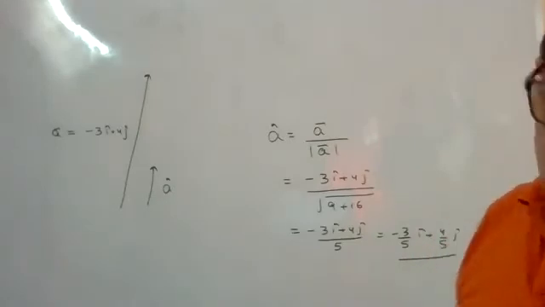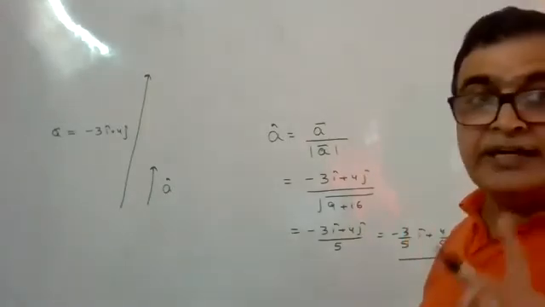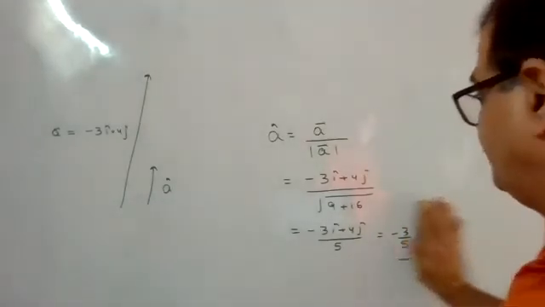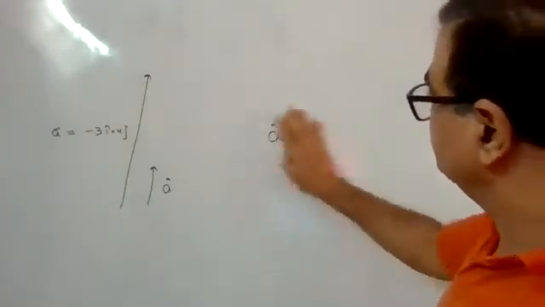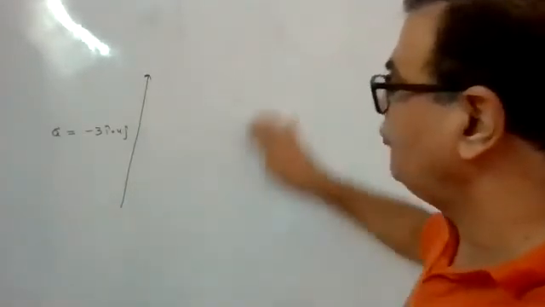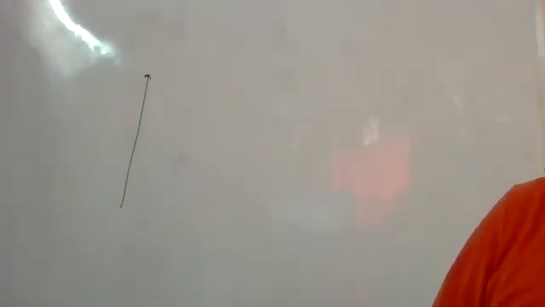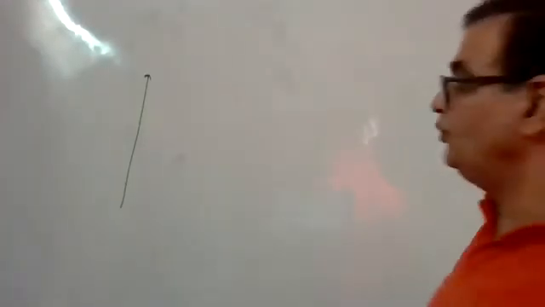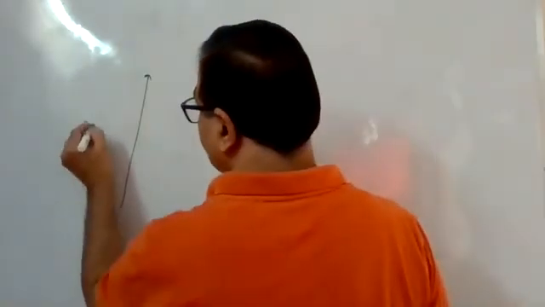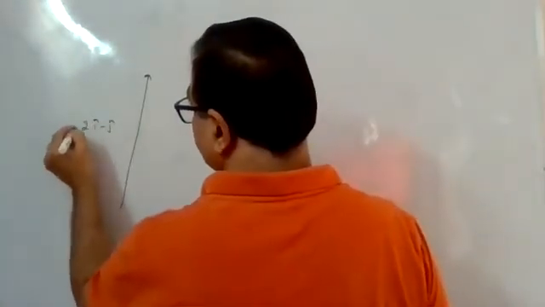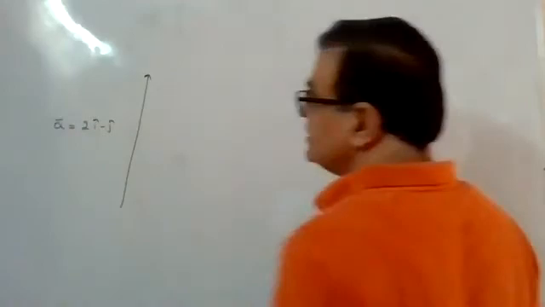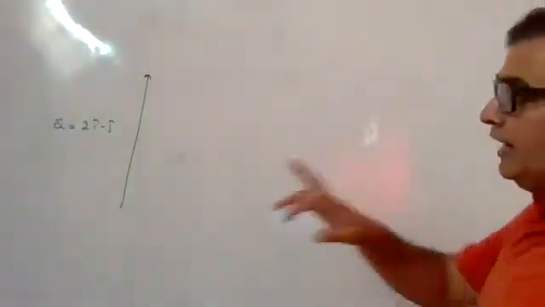Another important question, note please. Find a vector of magnitude 5 which is parallel to the vector 2i minus j.